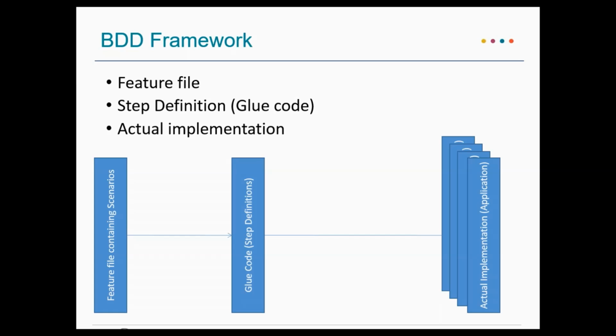If we look at the BDD framework, any tool that we use creates a feature file. The feature file will have lots of scenarios. Suppose we have a user story: as a user, I want to withdraw money from an ATM so that I get some benefit.